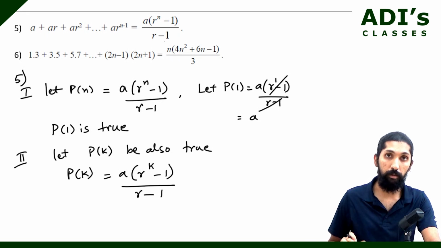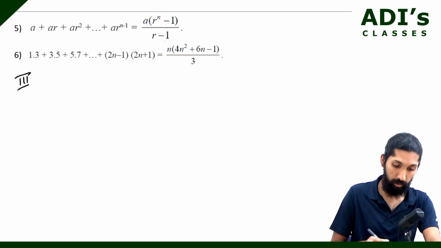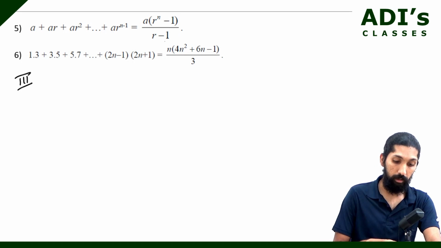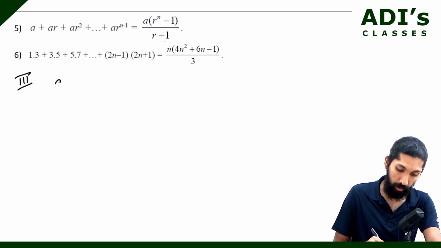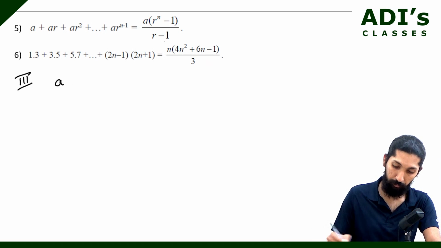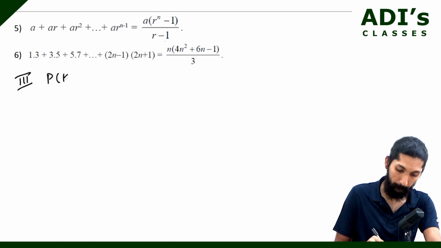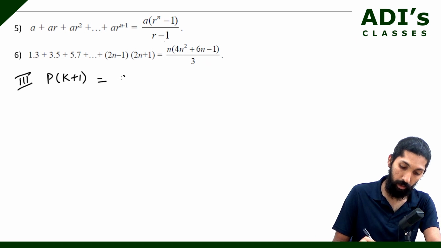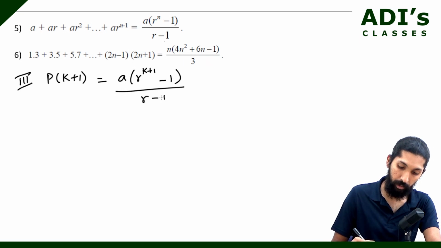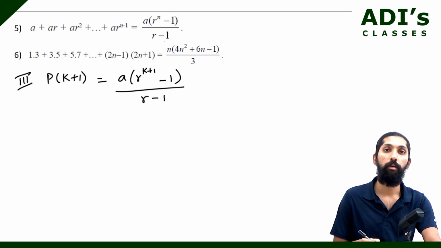So the third step now, what we have in this one is going to become, see, k plus 1, isn't it? So we are going to have first p of k plus 1, a into r to the power of k plus 1 minus 1 divided by r minus 1, right?